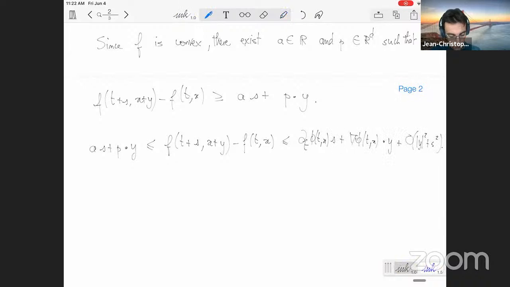So from this, this implies that A is equal to dt phi at tx, and P is equal to grad phi at tx.